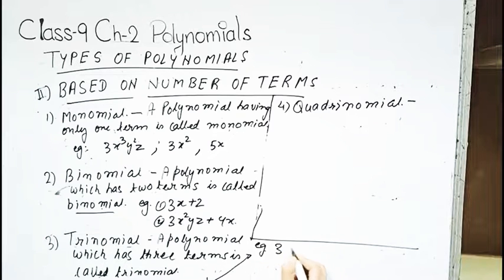For example, 3x plus 4y plus z, or 3x cube y plus 3x plus 2. Anything you can give. If 3 terms are there, that polynomial is a trinomial.